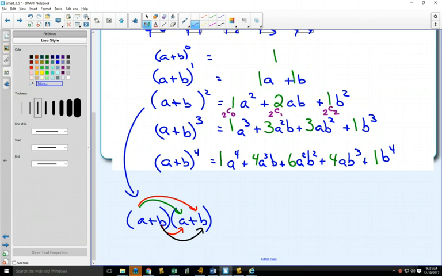In the second one, 2, choose 1, a little bit easier to fathom, is in order to multiply to get an a and a b, I need to choose one b. I either need to multiply including this b, or I need to multiply including this b. I have two b's to choose, and I need to choose one of them to get an a times b. Hence, that number is 2. And same thing with the b squared. There's two b's. I need to choose both of them. There's only one way I can do that.